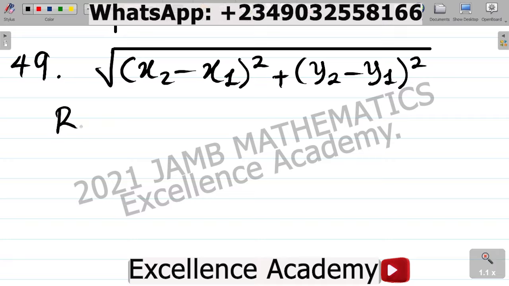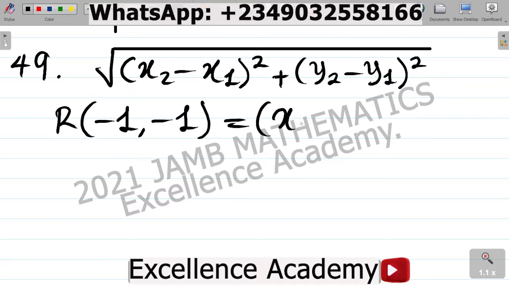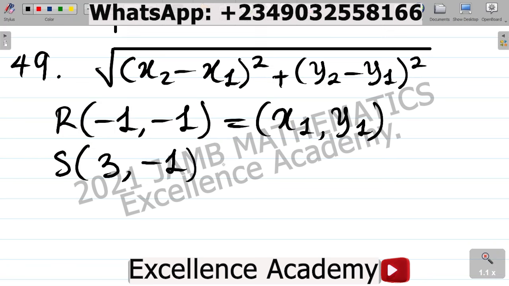If you're given R as -1, -1, this is simply equal to x1 and y1. Also, you're given S, the coordinate of S as 3, -1. For this, it's equal to x2 and y2. That's it. So let's use the formula.